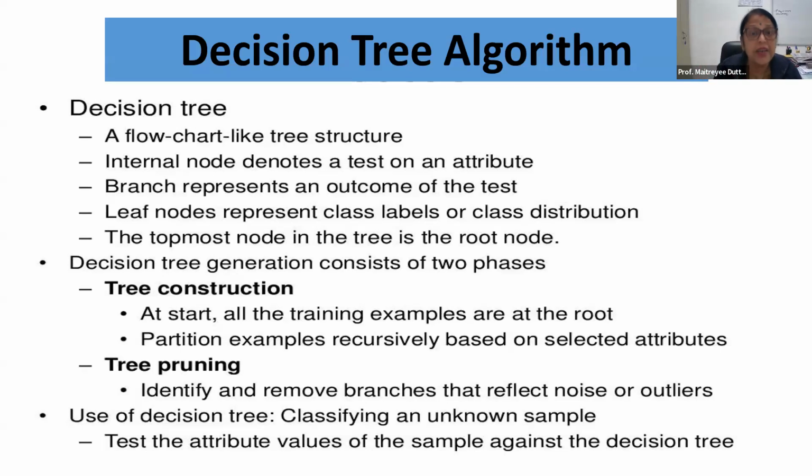Whenever you want to take any decision, you use the decision tree algorithm. For example, whether the patient has to be taken in surgery or not, or whether the patient has to take this drug or not, right?